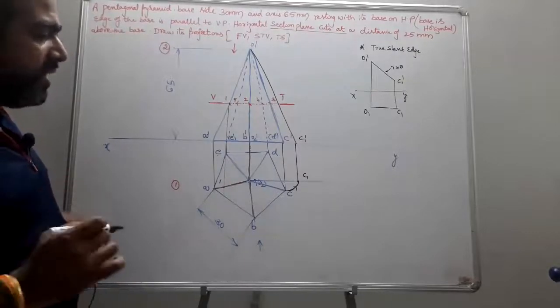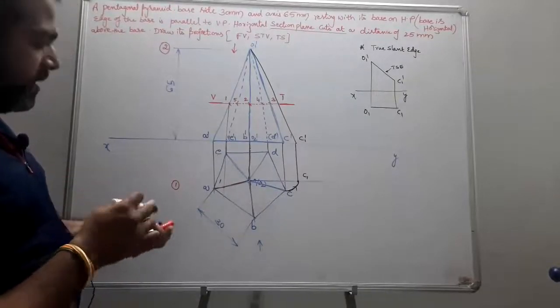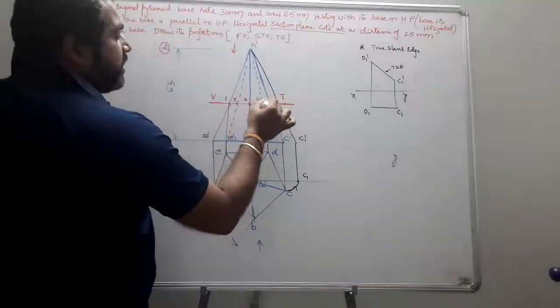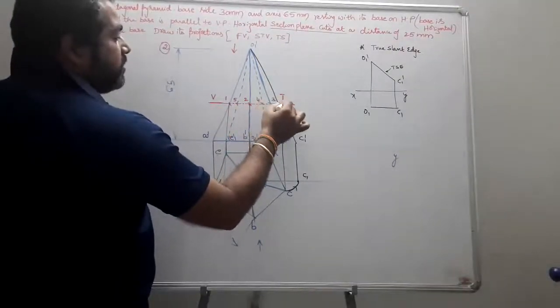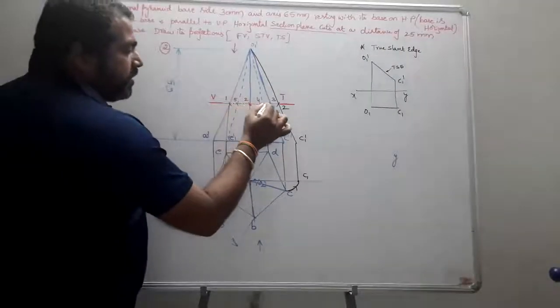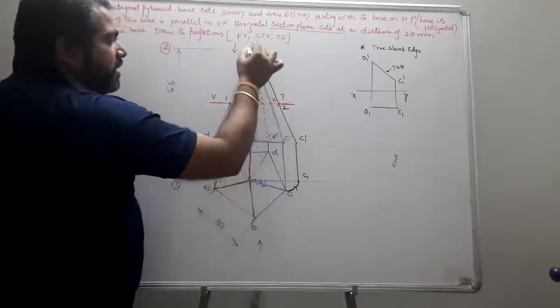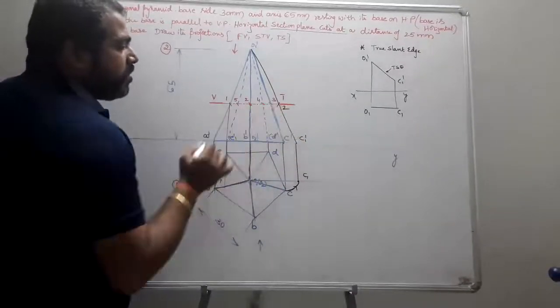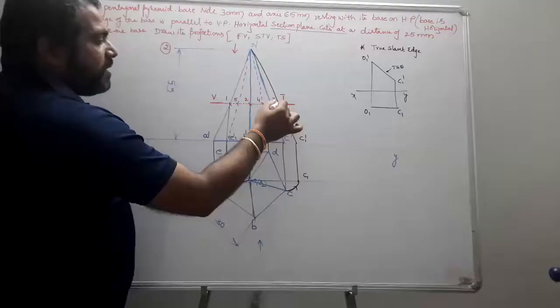Once you create the true slant edge, I project my point 2 onto the true slant edge O dash C1 dash, somewhere here. So this becomes my point 2, which cuts O dash C1 dash at a particular point.